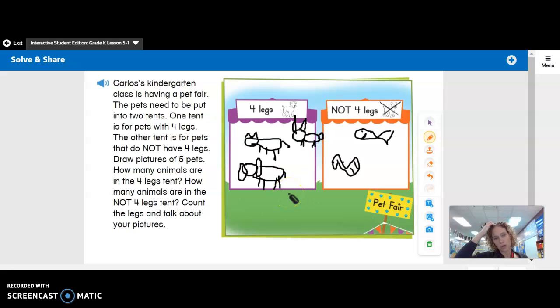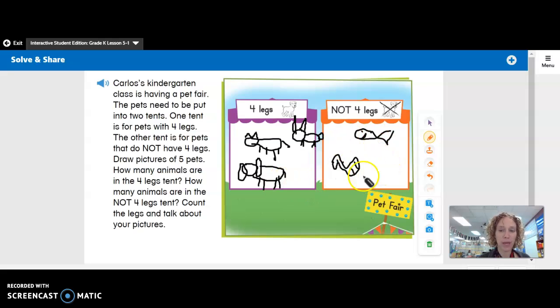All right, so we had 5 animals all together. So I'm going to make sure I have 5. 1, 2, 3, 4, 5. And then I had to sort or categorize. In this tent, all the pets that have 4 legs. A bunny has 4 legs, a cat has 4 legs, and a dog has 4 legs.